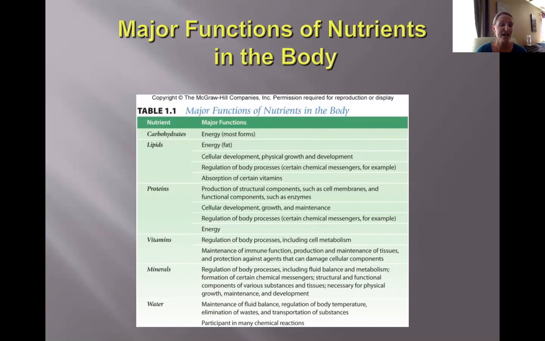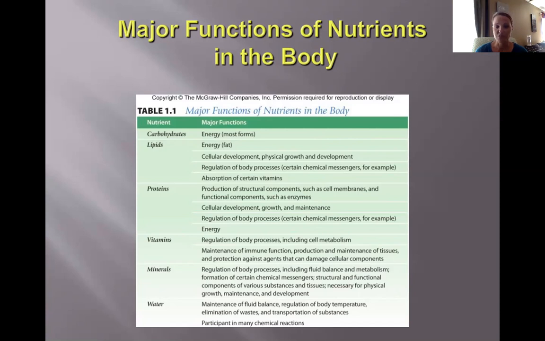So we have fat-soluble vitamins where you have to have some fat available for them to be absorbed. Proteins help with structural components, cell membranes, cellular development and growth, regulation of certain body processes. They also provide a little bit of energy.